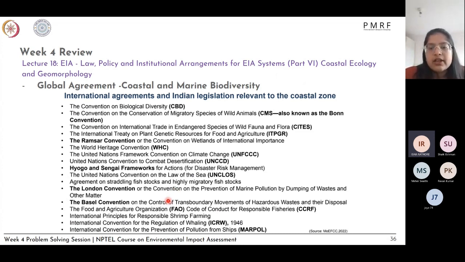The Basel Convention talks about the control of transboundary movement of hazardous waste and their disposal measures. The Food and Agriculture Organization also has a code of conduct for responsible fisheries, CCRF. International Principles on Responsible Shrimp Farming, the International Convention for Regulation of Whaling, and the International Convention for the Prevention of Pollution from Ships. So these are a few international agreements specifically relating to coastal zones.